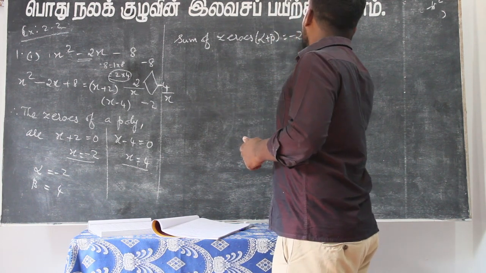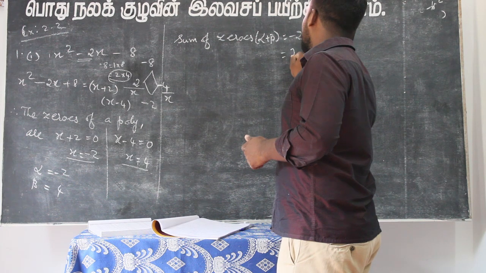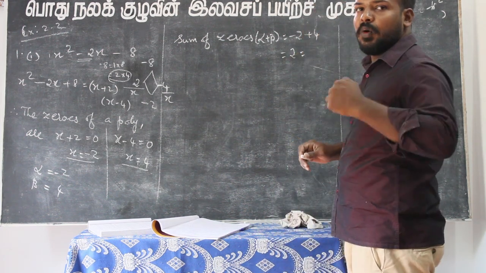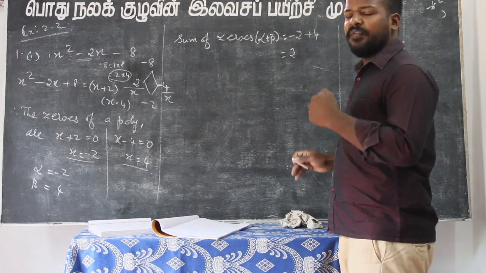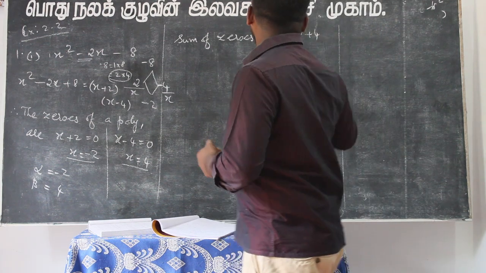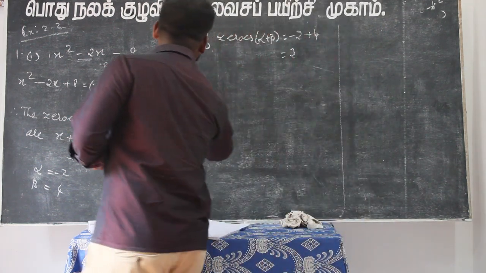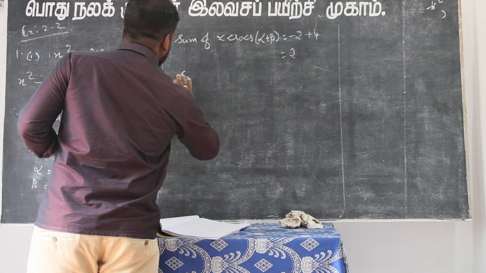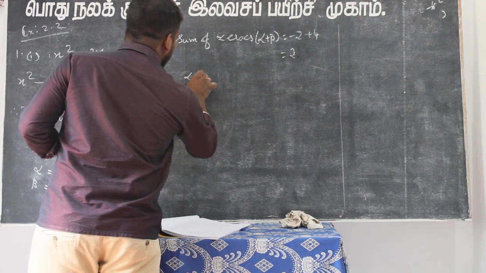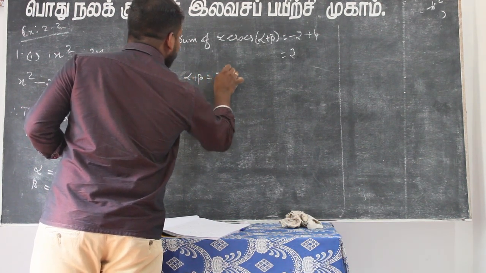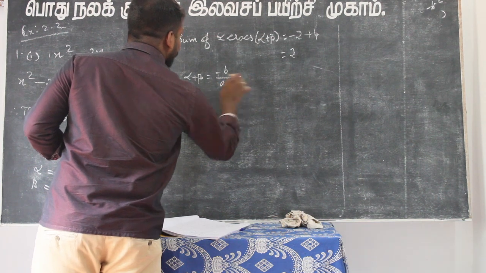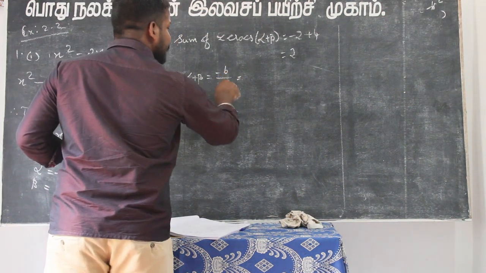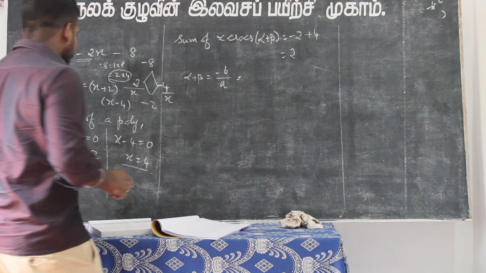Alpha plus beta is minus 2 plus 4. What are we getting here? 2. So what about the coefficients of the polynomial? Alpha plus beta is equal to minus b divided by a. What is a here?